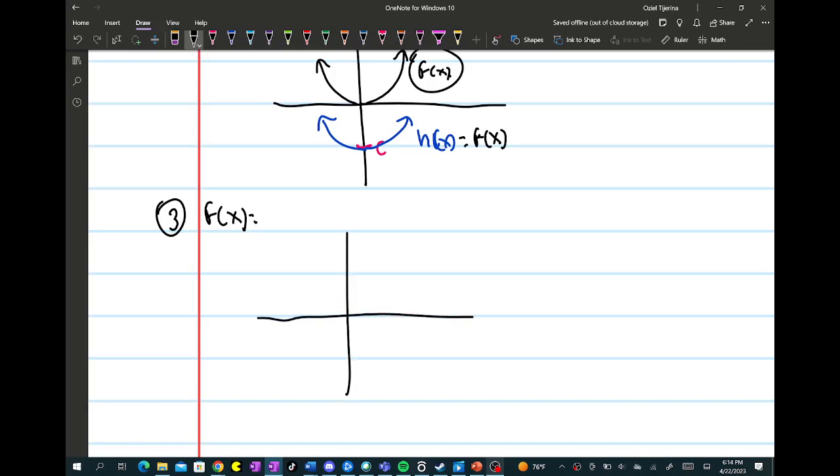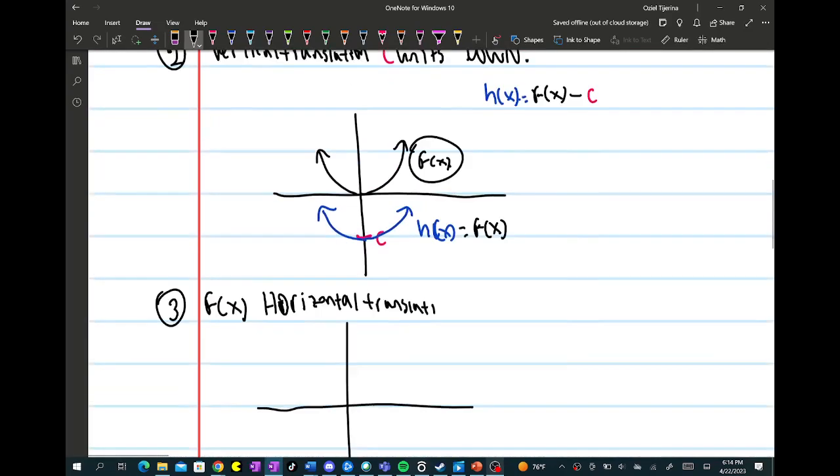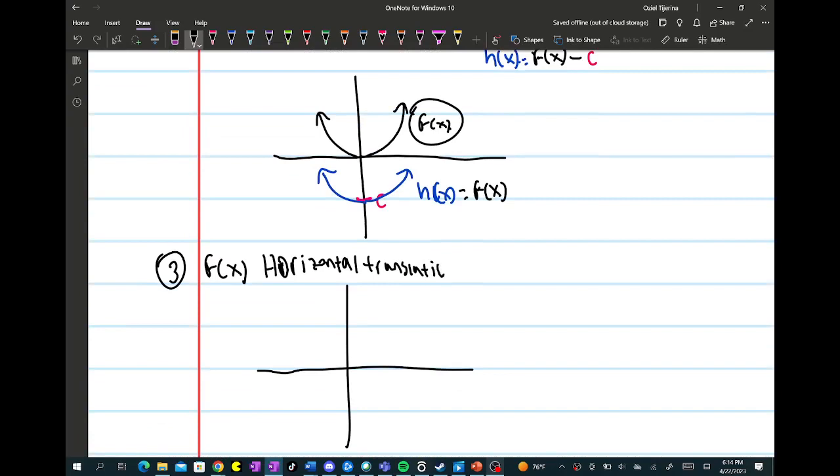And what if I say that the transformation says a horizontal translation, c units to the right.